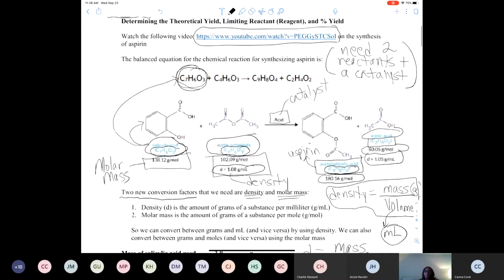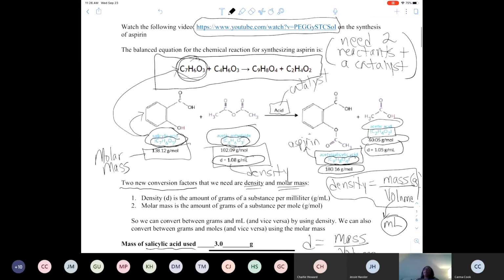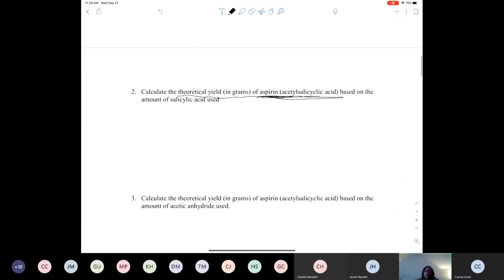If we look at this balanced chemical reaction, this is why having a balanced chemical reaction is important, so that you can calculate the theoretical yield, which is predicting how much product you're going to make.